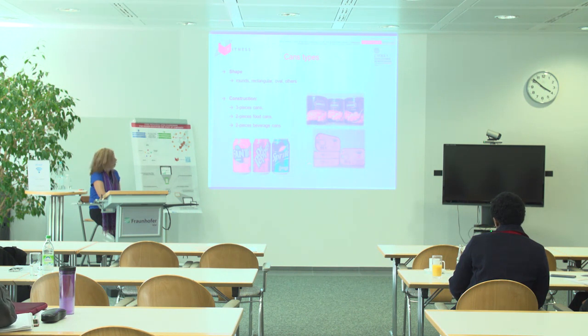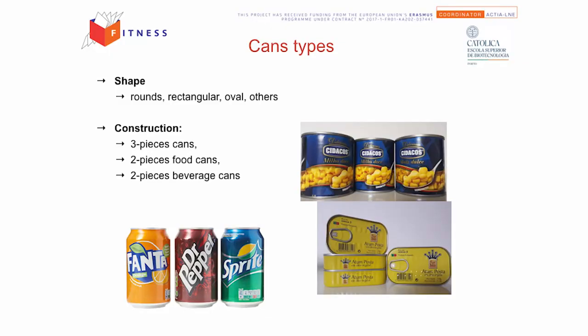So we have the side and the base in one piece, and then we have a second piece as the lid. Okay, so 3 pieces cans, 2 pieces for food, 2 pieces for beverages. The type of processes are different, but I will speak about this later.